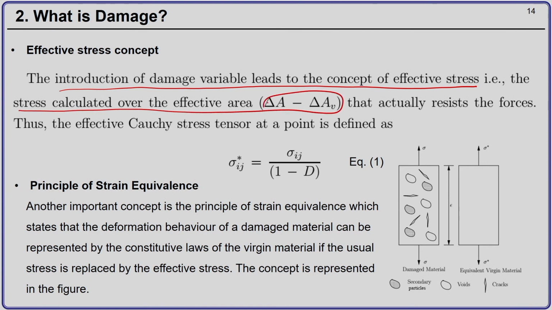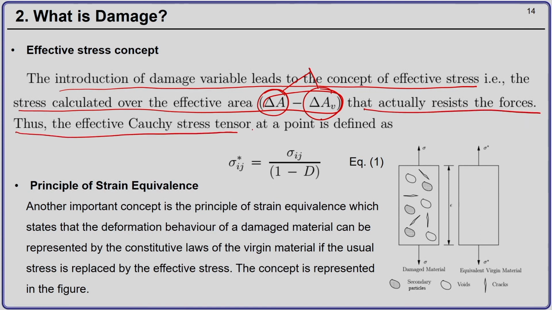When the body is damaged, the part where you have voids or the cracks will not contribute to the load carrying capacity. So, the effective load will be carried by the remaining area. The total area is delta A and the area of the voids is delta AV. So, the area which carries the load is nothing but delta A minus delta AV. This area is what actually resists the forces.